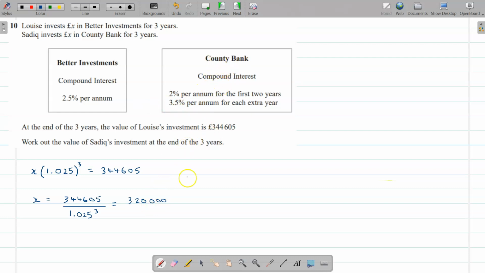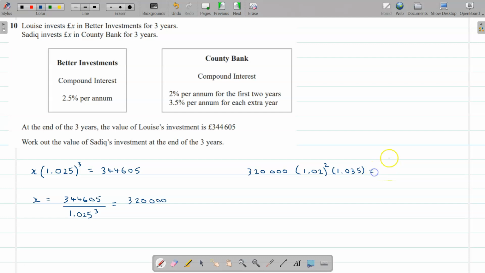using the county bank. So for that investment, we start with 320,000. We first of all times it by 2% increase, which is 1.02 squared, and then times that by the 3.5% increase in the 3rd year, which is that.